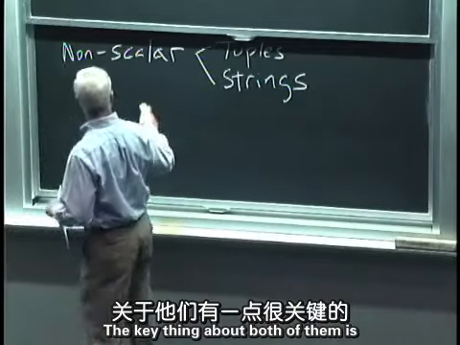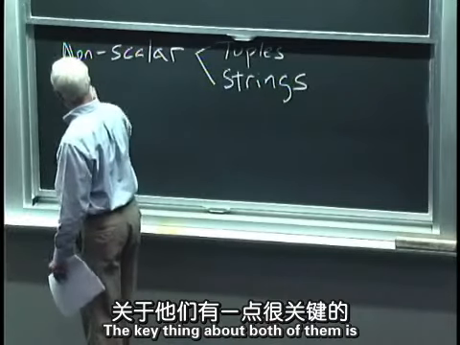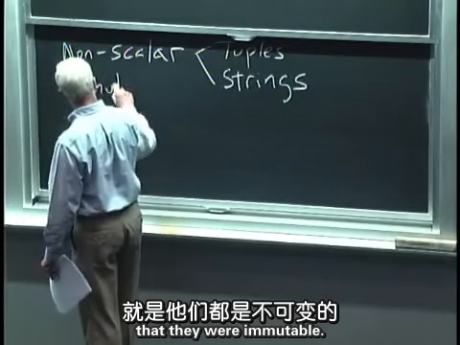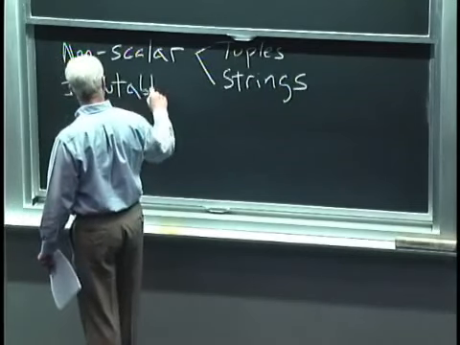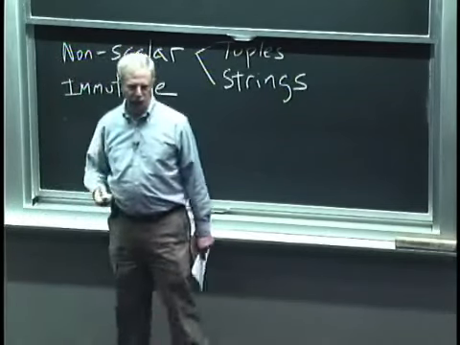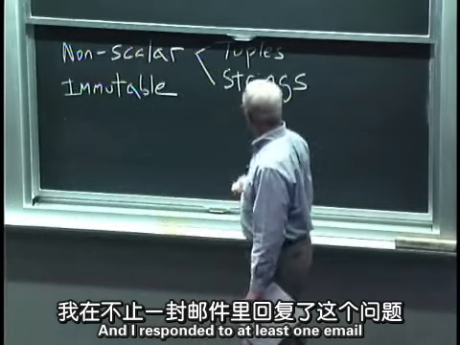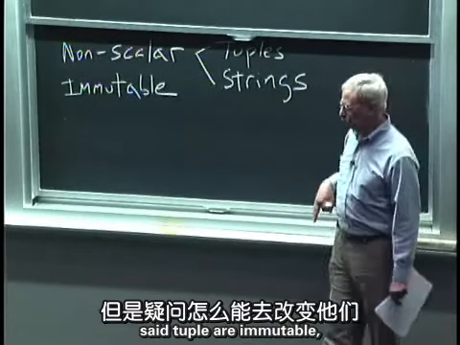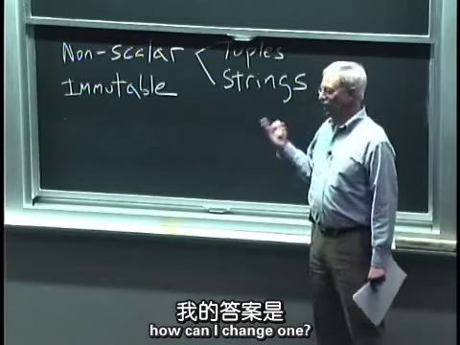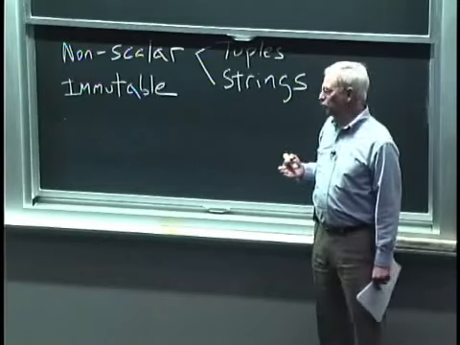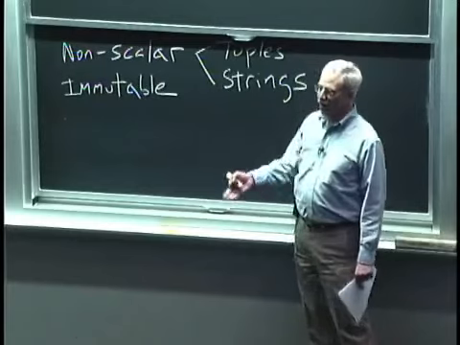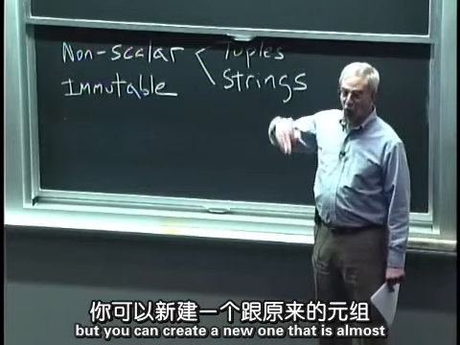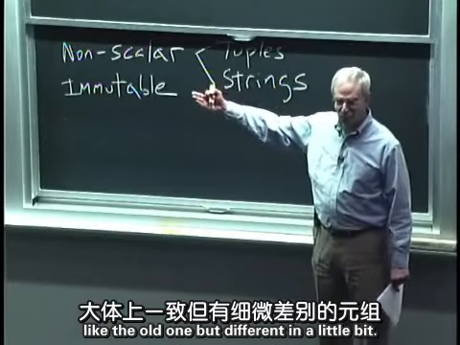The key thing about both of them is that they were immutable. And I responded to at least one email about this issue. Someone quite correctly said, tuples are immutable. How can I change one? My answer is you can't change one, but you can create a new one that is almost like the old one, but different in a little bit.